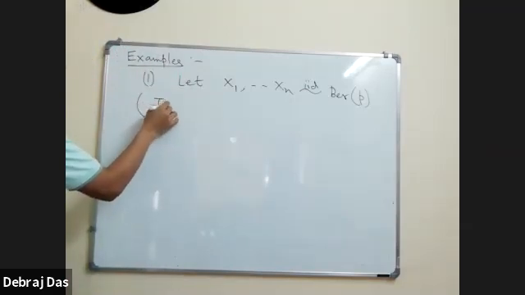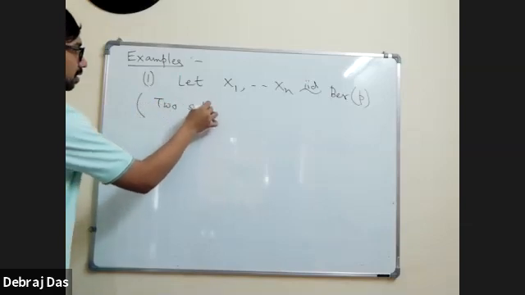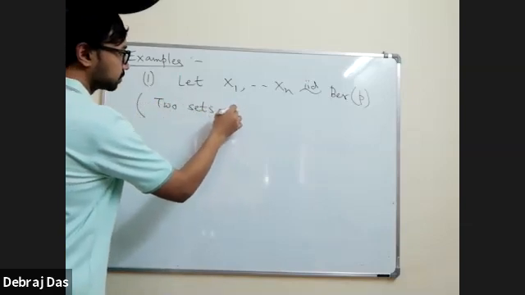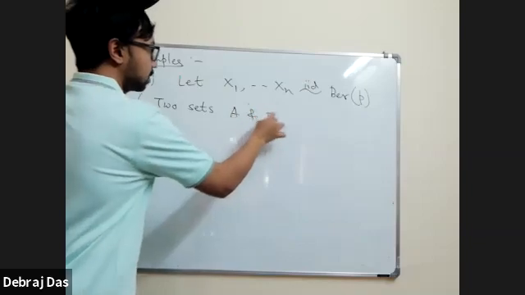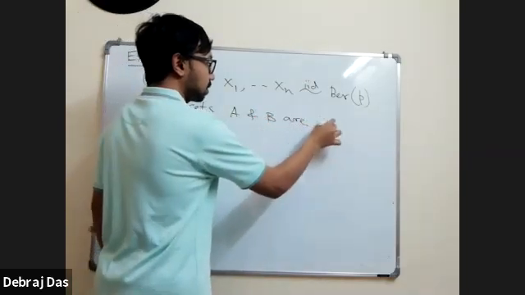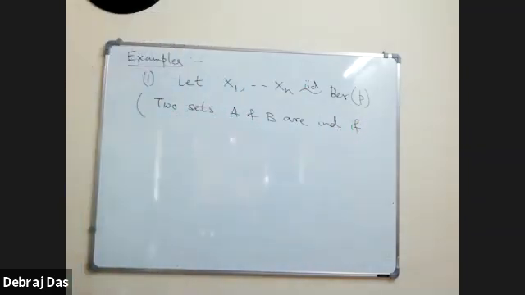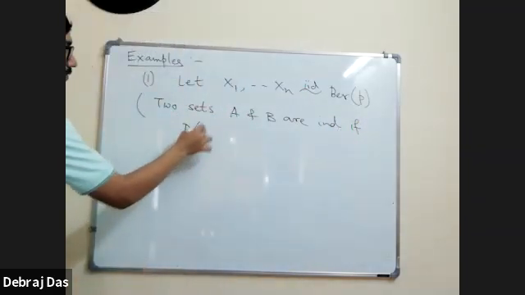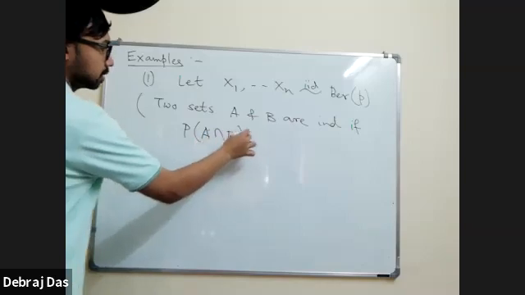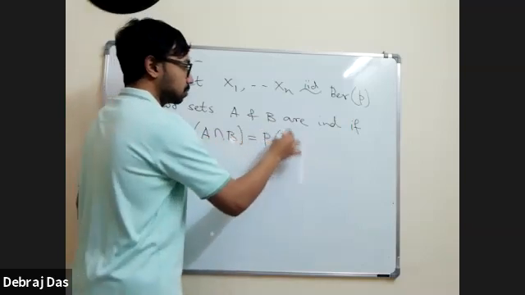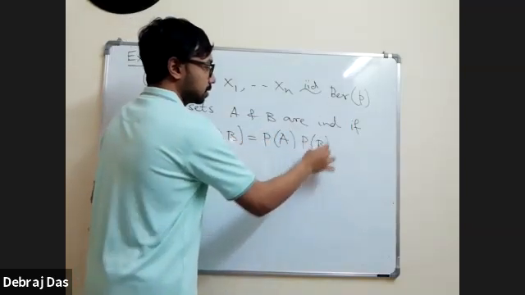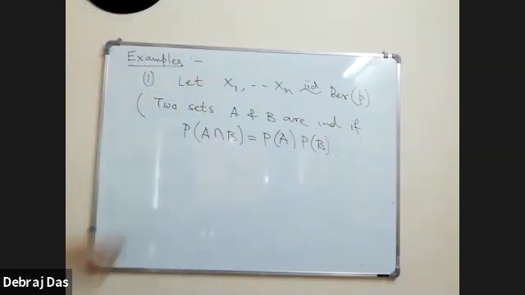Two sets A and B are independent if probability of A intersection B is probability of A times probability of B. So this is the definition of independence, right?